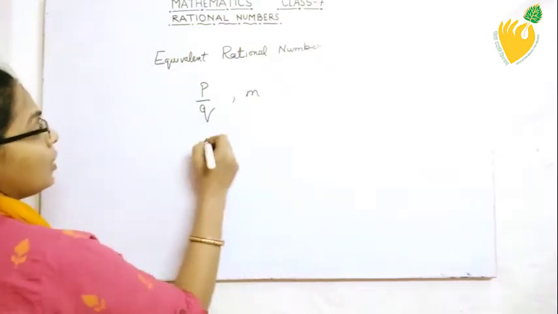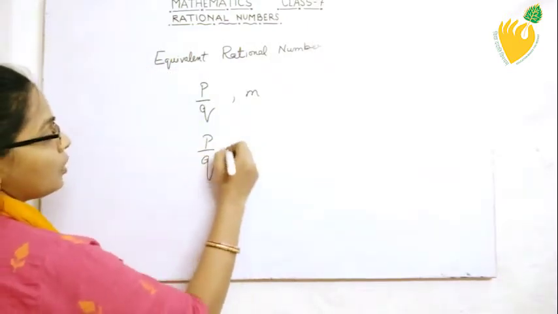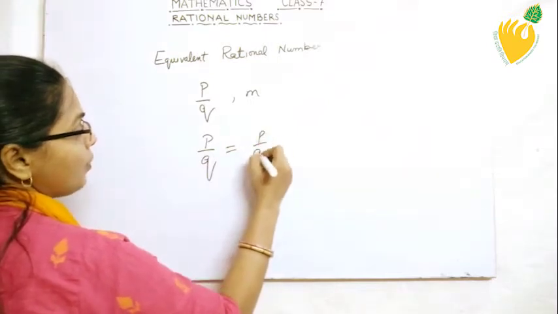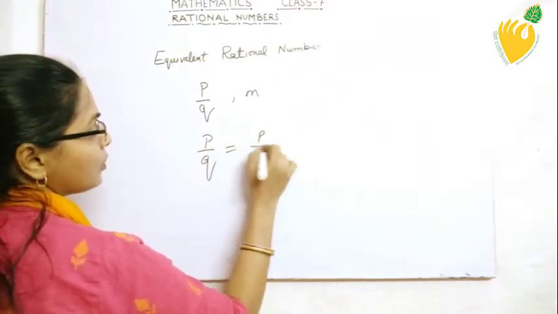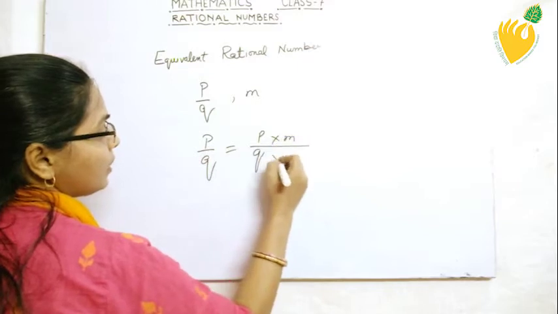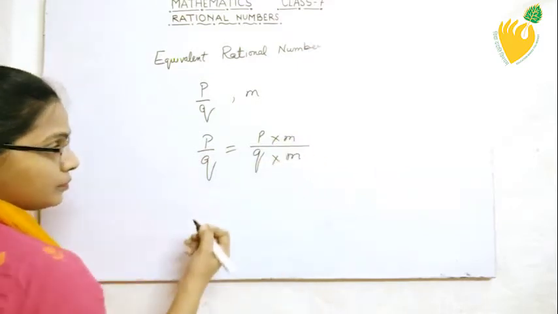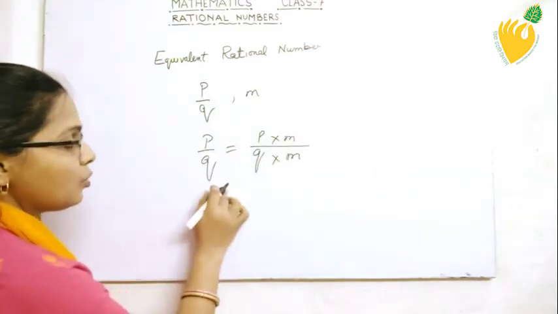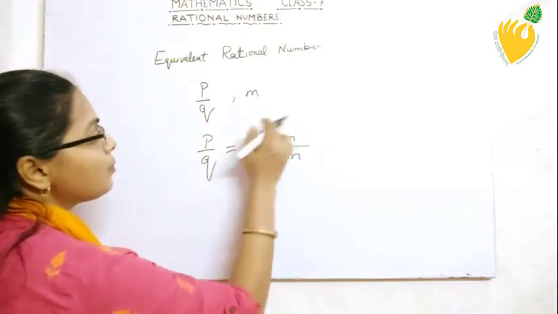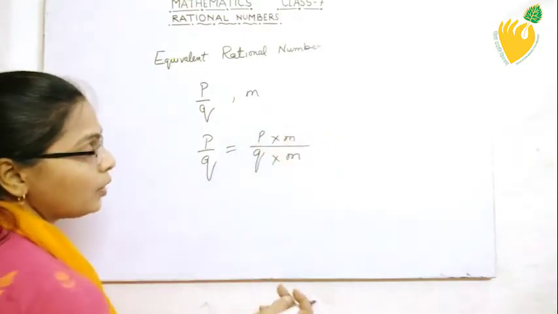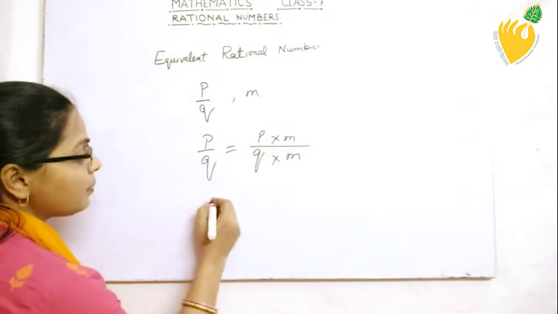See how? p upon q is equal to p upon q into m upon m. So students, p upon q is the equivalent rational number to p into m upon q into m. Let's take one example.